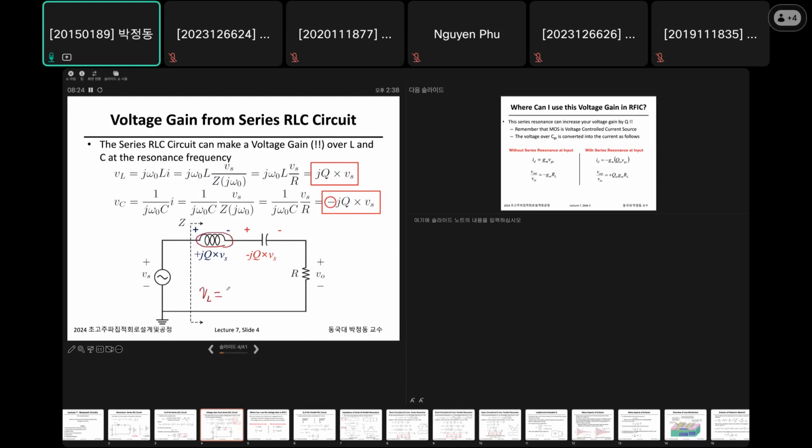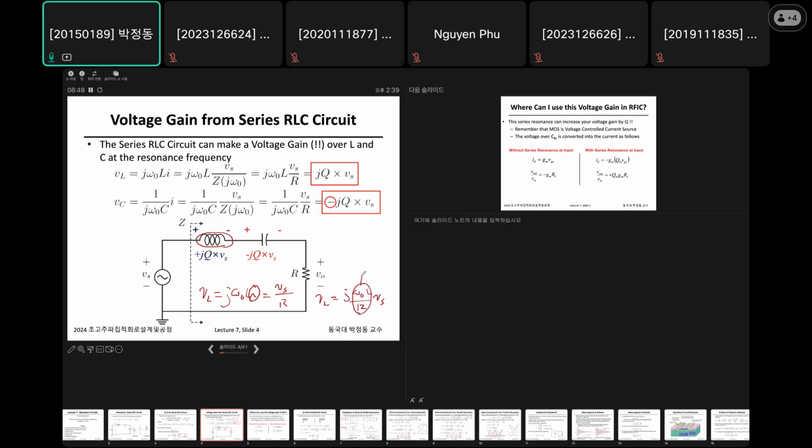VL is j omega 0 L I. At resonance, I is just Vs divided by R. So if you put this together, VL is j omega 0 L divided by R times Vs. What is this?